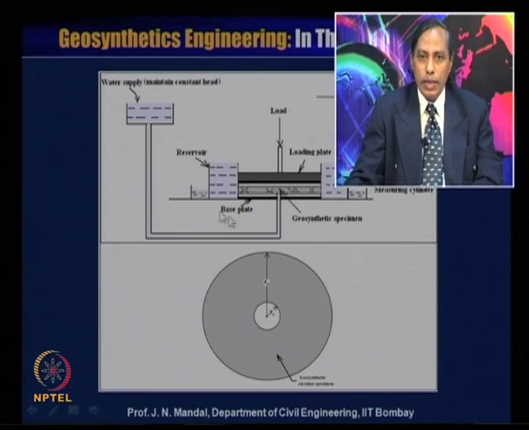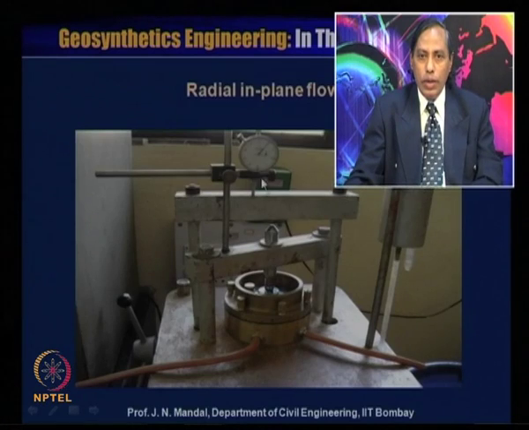So, here it is circular. The geosynthetic material is placed on top of this, and then the load is applied. You can see here the load is applied on this.